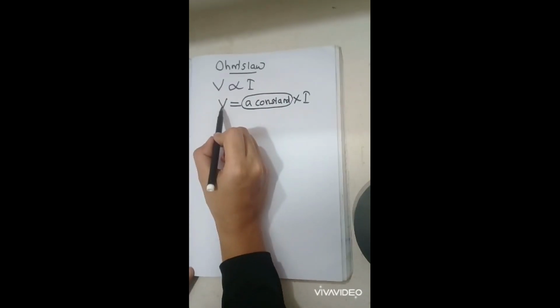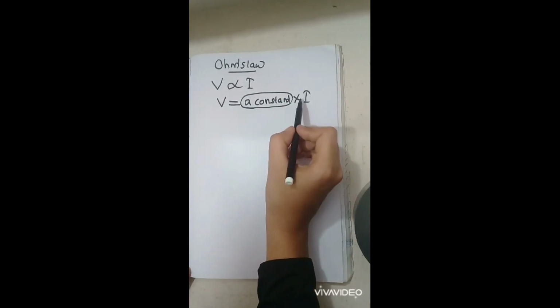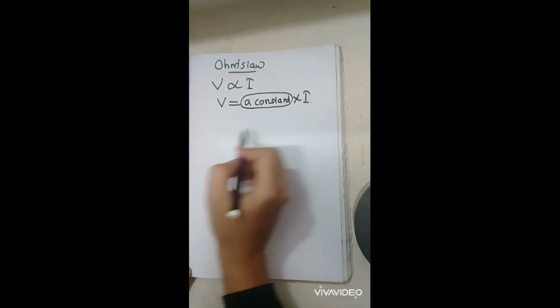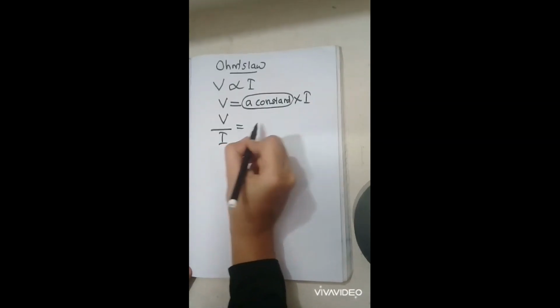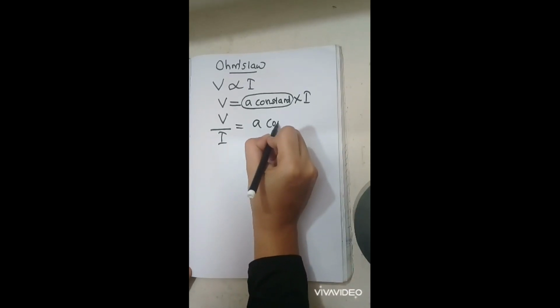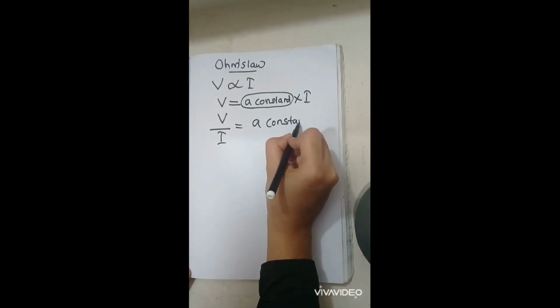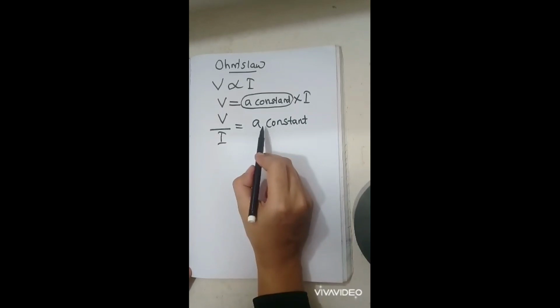Okay, so V is equal to a constant into I. We can write it as V by I is equal to a constant. V by I is equal to a constant.